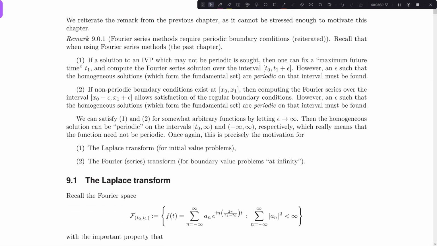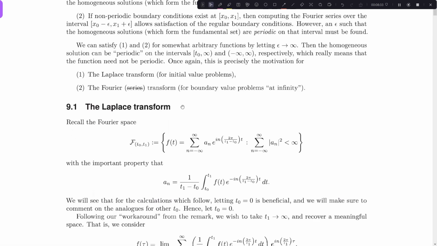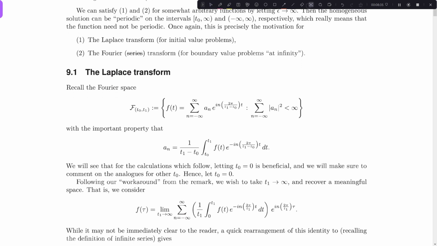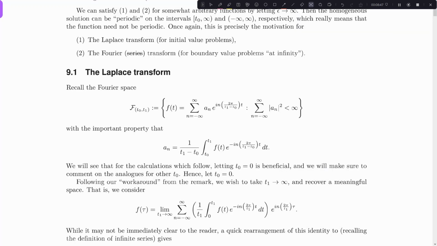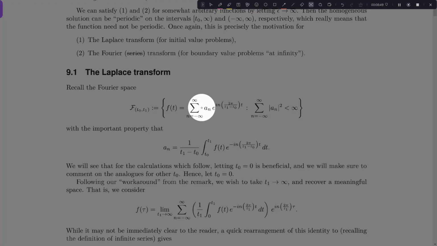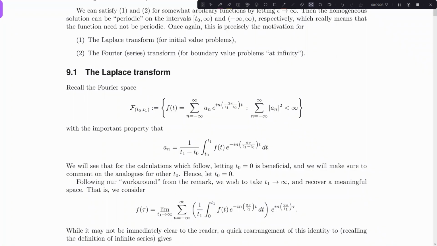So let's jump back to this overarching idea of the Fourier space, because this is where our original Fourier series transform came from. It's defined on the interval t0 to t1 as the following. I'm sure we're all very familiar with that by now. The coefficients in this space, which are really the elements of my vector, are given by 1 divided by t1 minus t0 times the integral from t0 to t1 of my function against the Fourier basis.